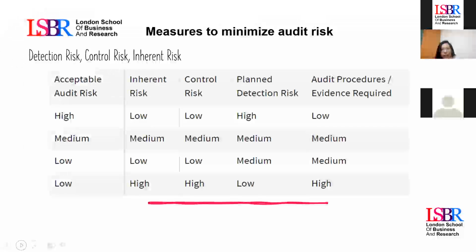For example, in the first column we have the level of audit, and if we have a high inherent risk, if we notice that it is a very risky industry, maybe an investment bank with sophisticated financial instruments, and we detect that the control risk is low, because the company has very good controls, and detection risk is high, the audit procedures will be low.